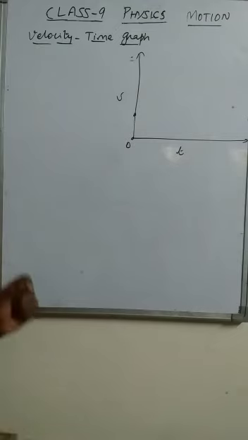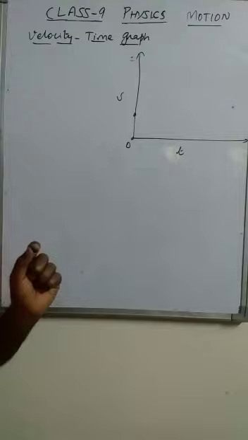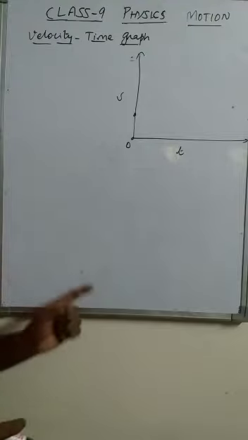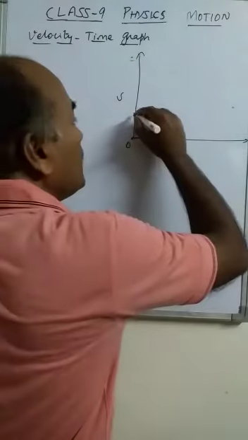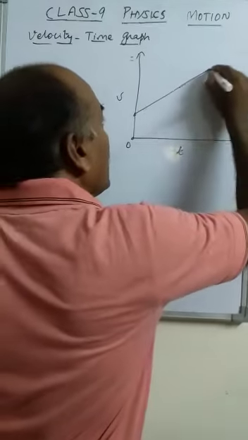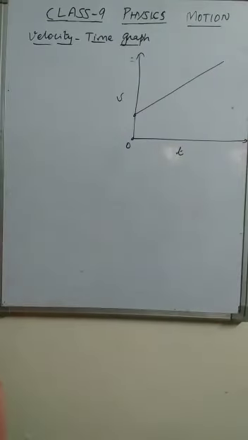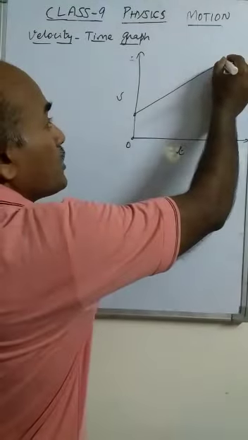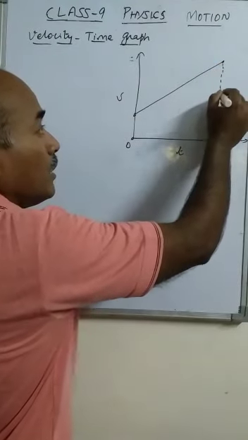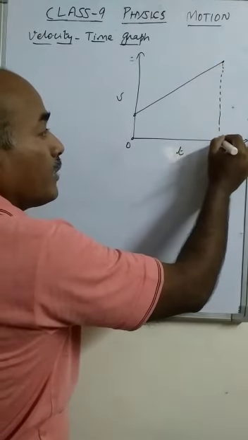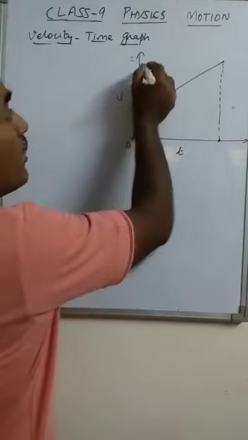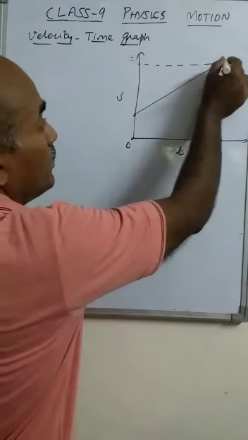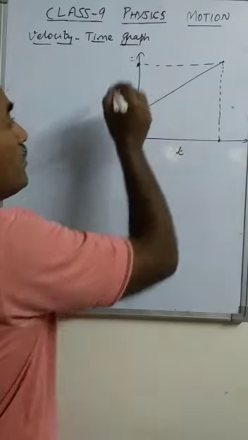From there, the object is in uniform accelerated motion. Uniform accelerated motion means it gives a straight line like this. So it travels up to this much of time, and its velocity becomes this value.